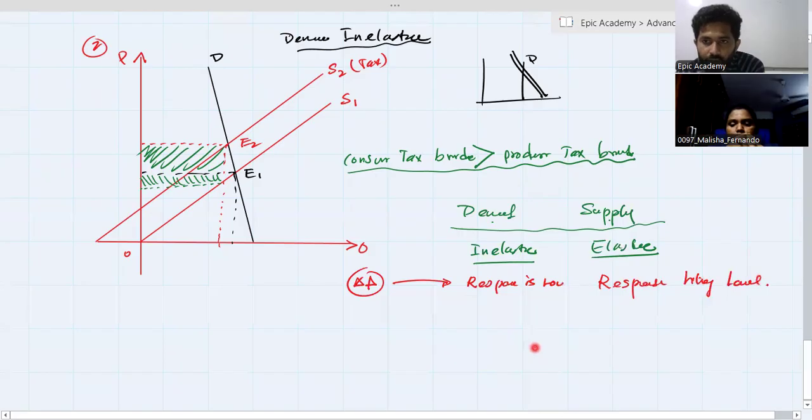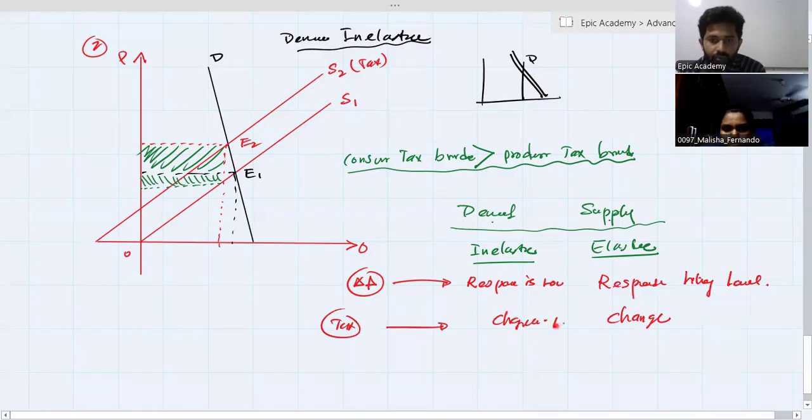Okay, right. After imposing the tax, the supplier can change because he has the response. He is the elastic part. So he can change, but the other party cannot change. I mean, he can change some amount, but the change is very low.